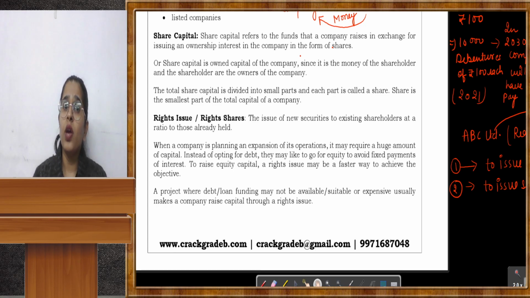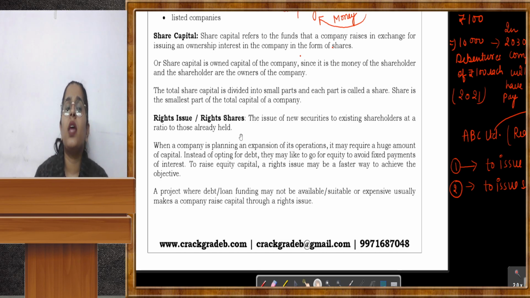So if I have to weigh both the options, if my company needs funds and I have been asked to choose between equity and debt, then obviously I will lean more towards equity because in that case risk is less. Whosoever invests the money will become the owner, and there will be no need of any fixed payments as in case of debentures or debt.